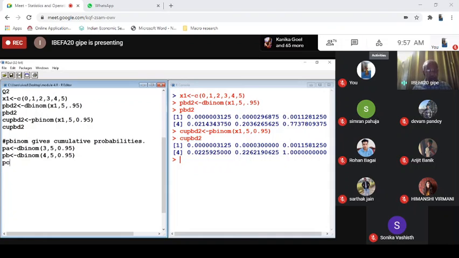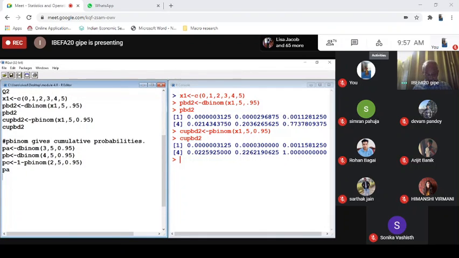And PC will be the probability of 3 or more, which means 1 minus P binom 2, 5, 0.95.